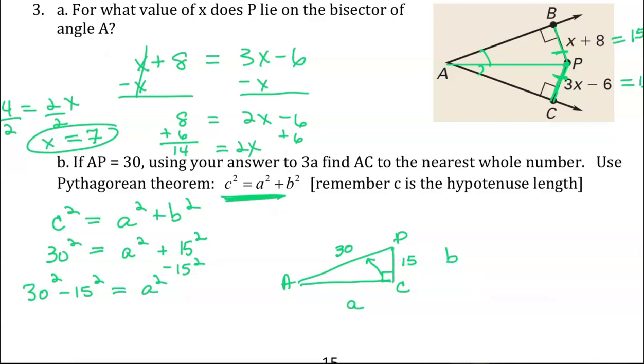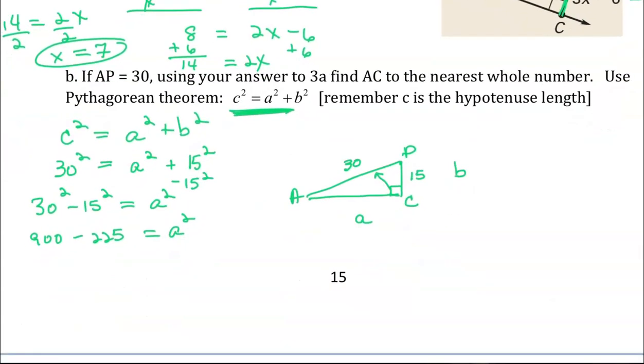Okay, so do this work. So this is going to be what? 900, and then we're going to get 15 squared, which is what? 225. 225 equals A squared. So that's going to be 675 equals A squared. I don't want A squared, I want A. Take the square root of each side, and I'm going to get A equals 26.